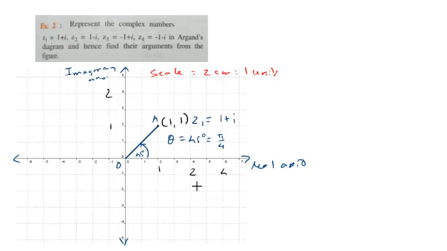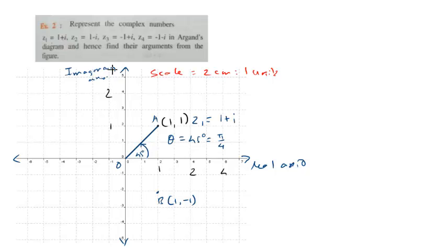radian. Let us represent the second complex number on the Argand plane, that is 1 minus i. Z2, the second complex number, has the real part positive 1 and the imaginary part minus 1. So it will be in the fourth quadrant, and this will be the point B, (1, minus 1).